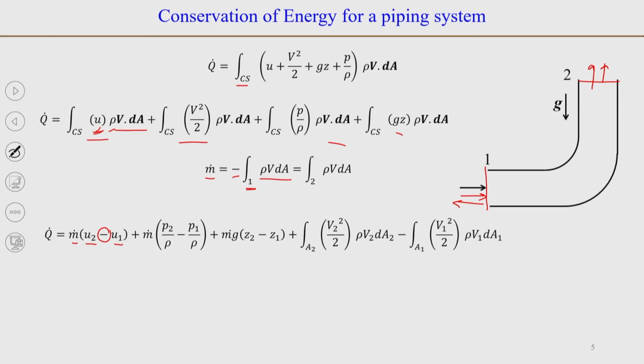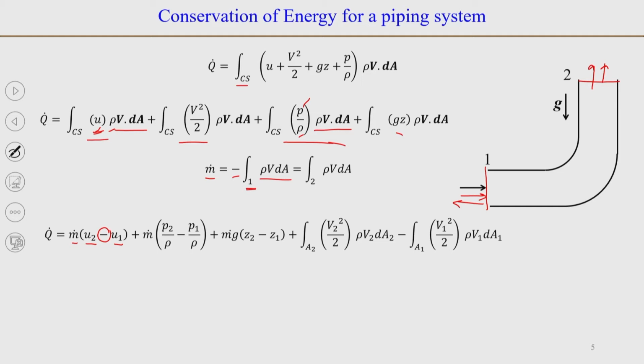Now, the next term, we have this one. If we look at this term, again we can write rho V dot dA, the pressure at section 1 and section 2. Rho and P we can say are constant across the section, or we can take the average pressure.